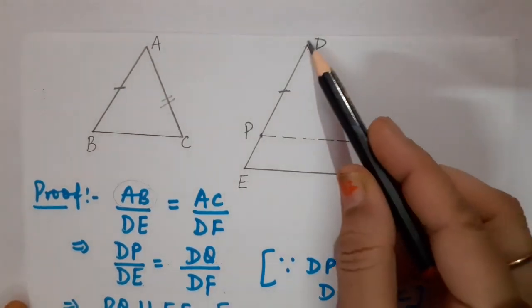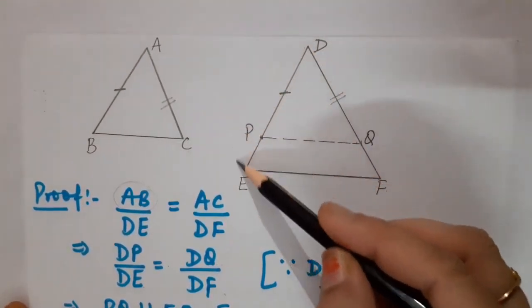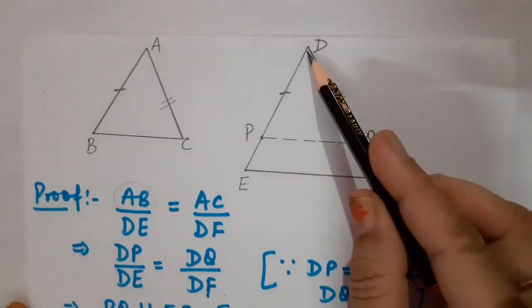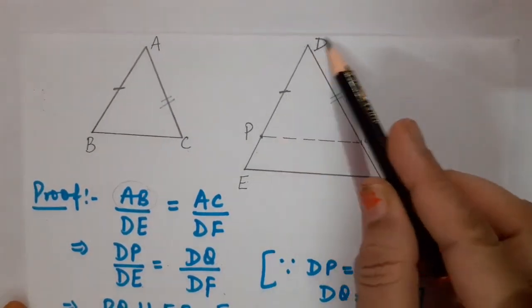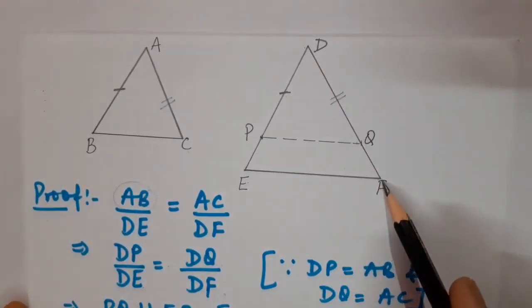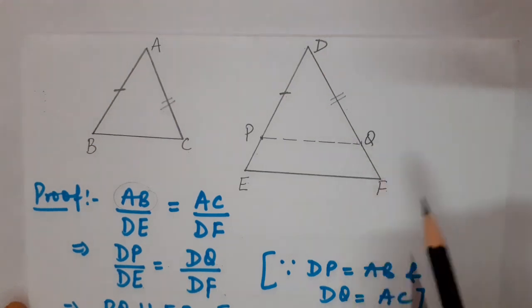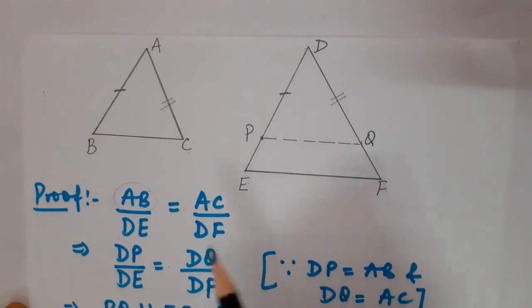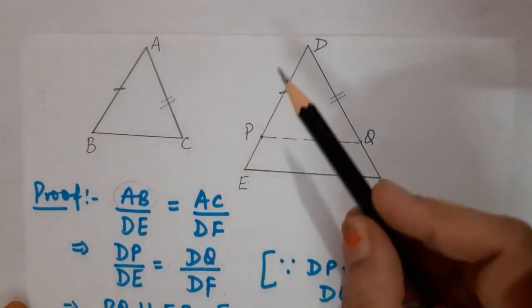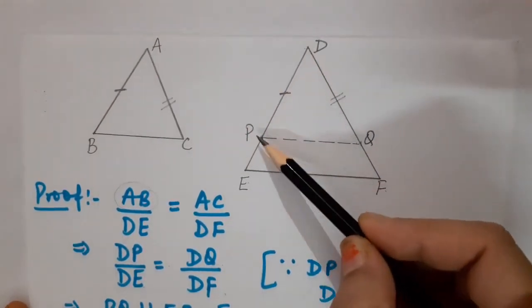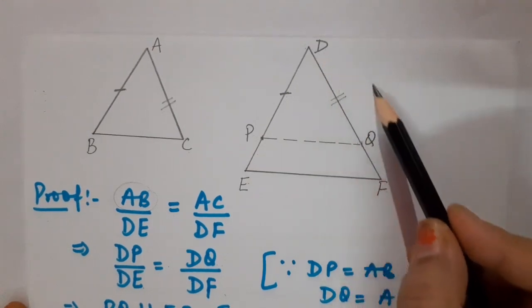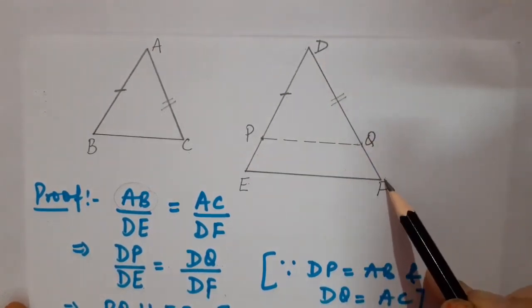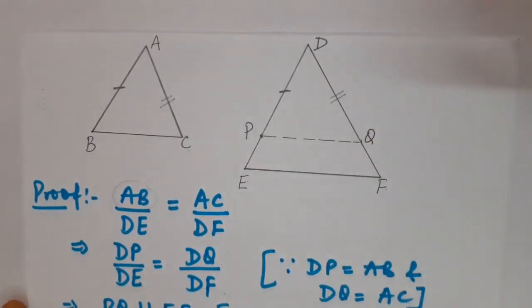If DP upon DE is equal to DQ upon DF, then by the converse of corollary of BPT, because I have applied the corollary I explained to you. Suppose, children, I was going to take DP upon PE is equal to DQ upon QF, it means I was going to apply the converse of BPT.